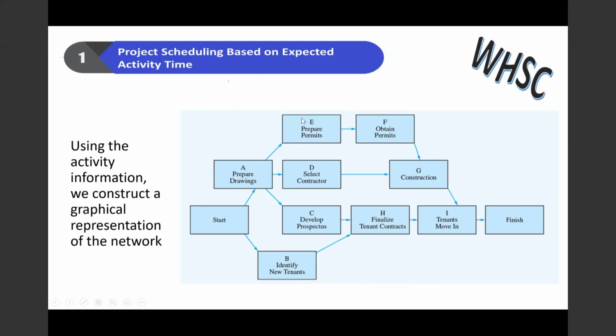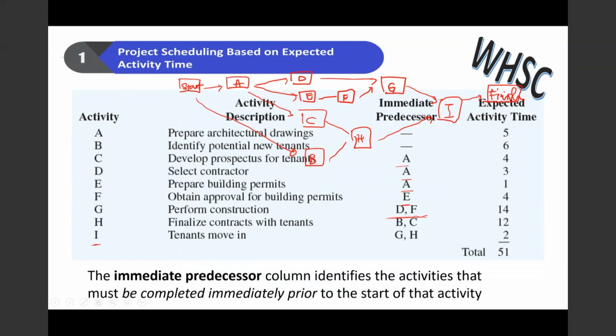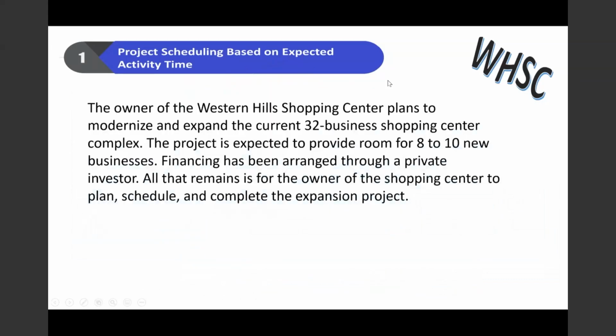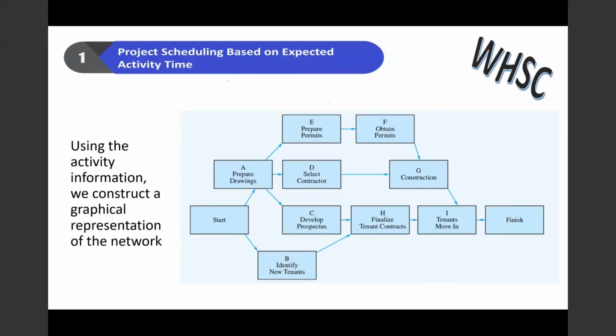In an AON, why did I change C down? If I put C on top, then I would have to crisscross. That is something that we want to avoid. Let's say if I put C on top here and B at the bottom, I will then need to crisscross over other activities or over other arrows, and that is something that we want to try to avoid.